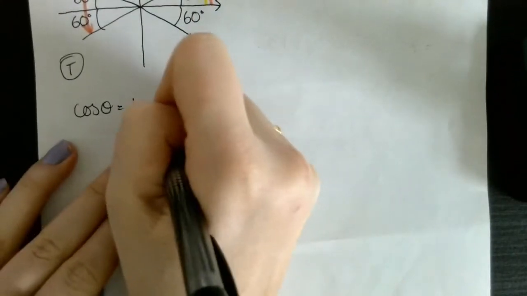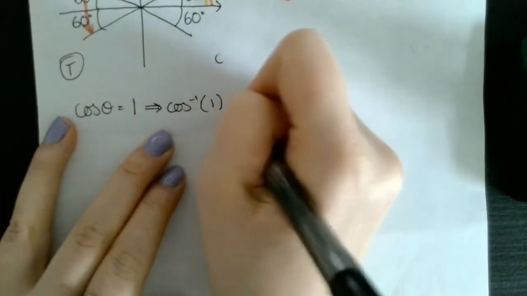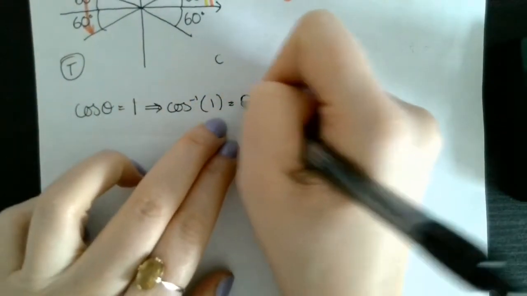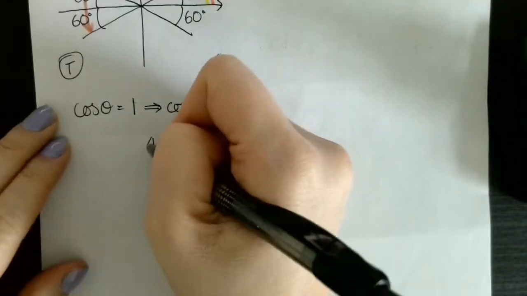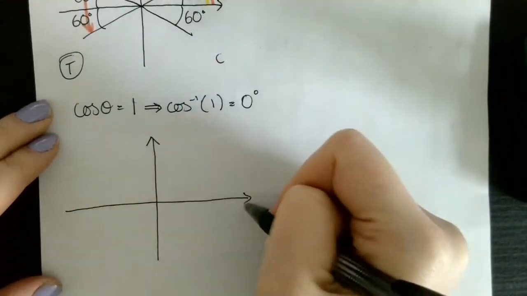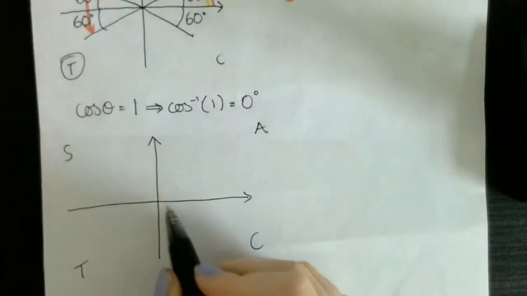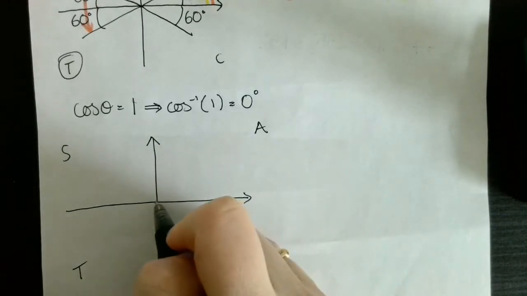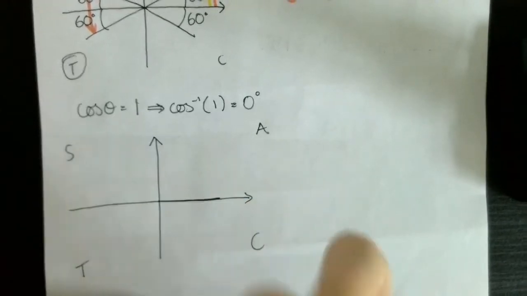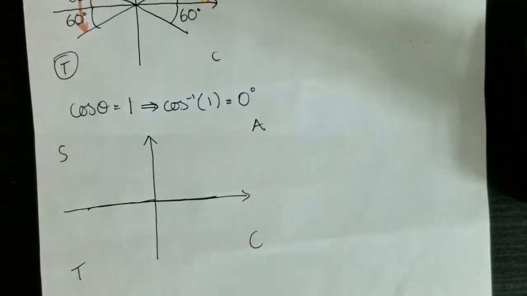In your calculators, cos inverse of 1, that is equal to 0. So if we draw our CAST diagram again, we want to make an angle of 0 degrees on the horizontal. So that is just here along the horizontal and here along the horizontal.